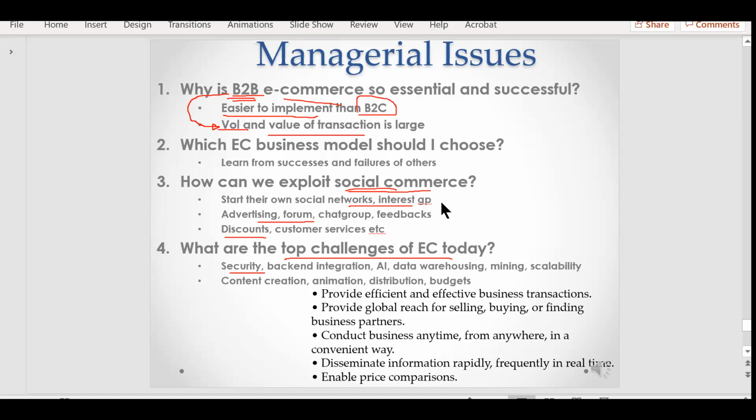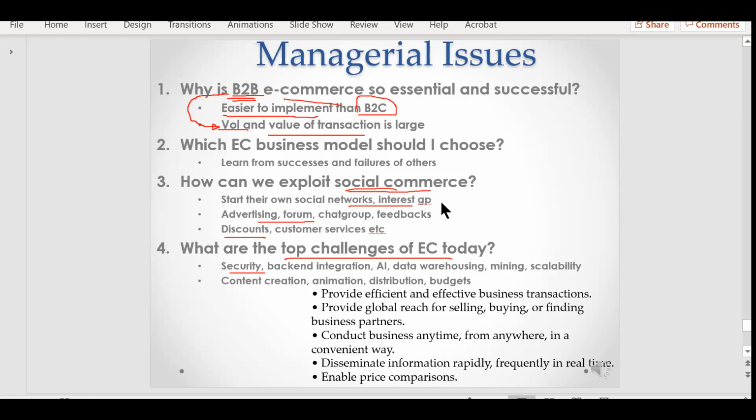So you need this network of people, right? And all these interest groups or chat groups can be very important marketers for you. This is where we talk about the spread of good words for you by the customers themselves, instead of using your salespeople to sell or promote for you.